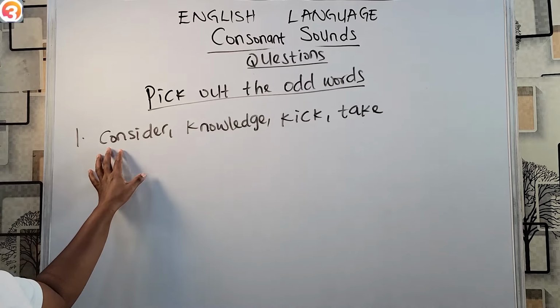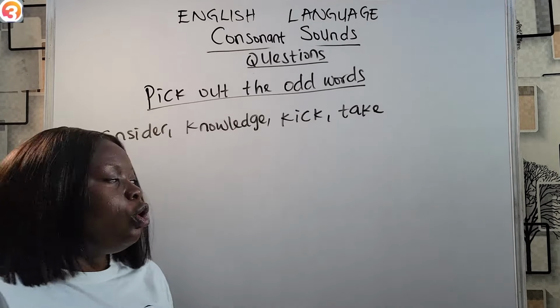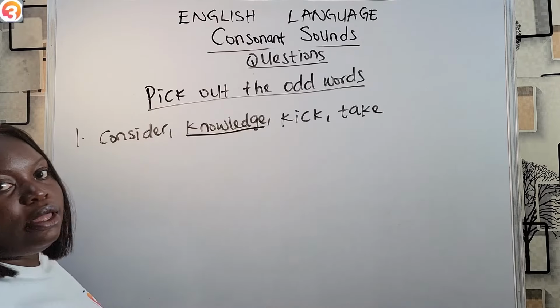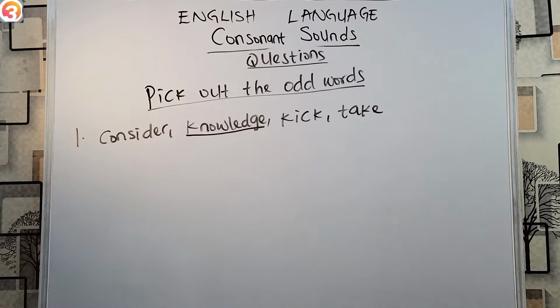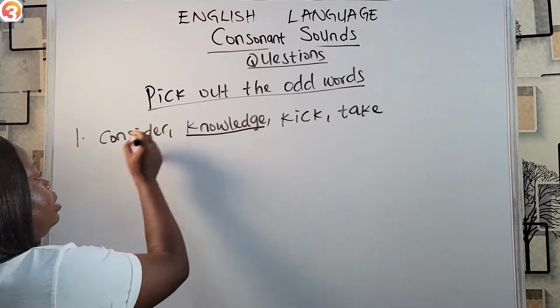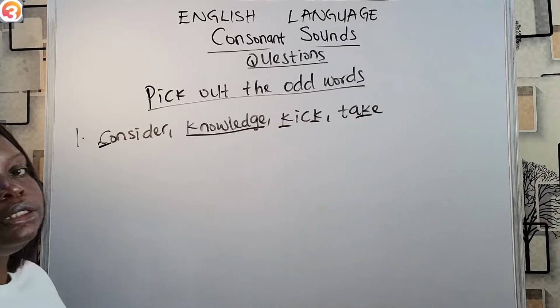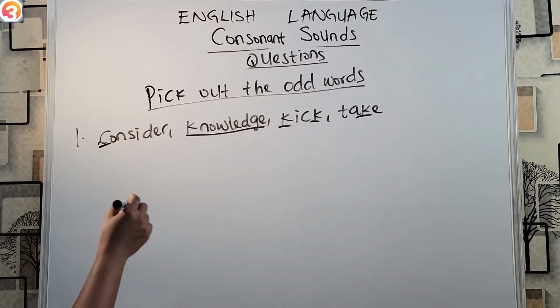So you pronounce. Here we have consider, knowledge, kick, and take. Obviously the K sound is common, but it's not present here because the K here is silent, so the K sound is not produced, which is produced in other words. The K here even has double K in that word. So our odd word becomes knowledge.